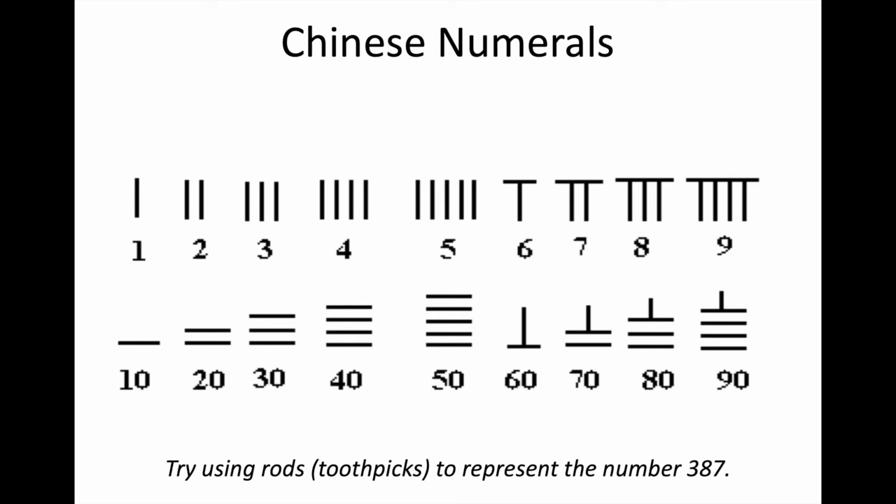If you don't have toothpicks, you can use dry spaghetti noodles, but you're going to need lots of them. If you use pencils or something like that, you're going to use lots of them. If you don't have any of that stuff, you can just make marks to look like these. But it's best if you have something physical that you can move around, like a toothpick. And try to represent that number 387 using these Chinese numerals.